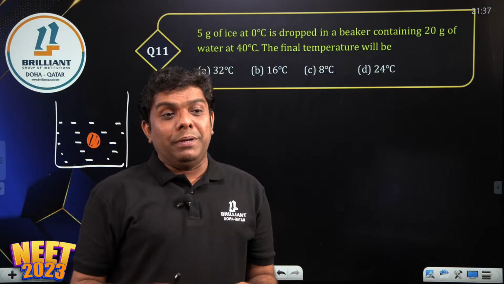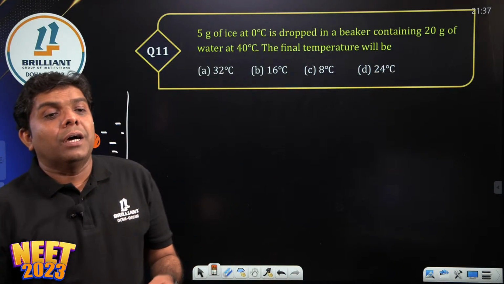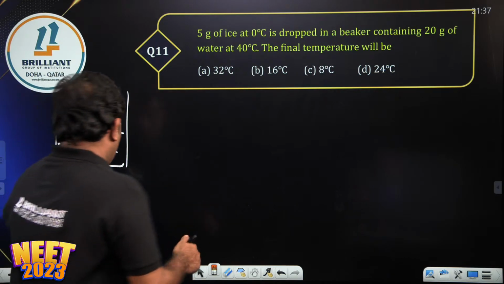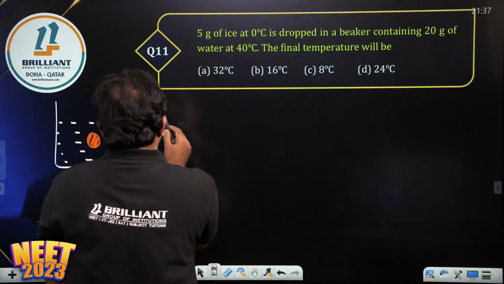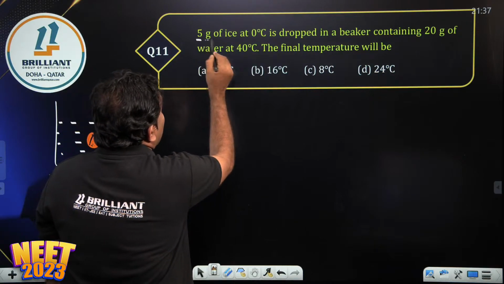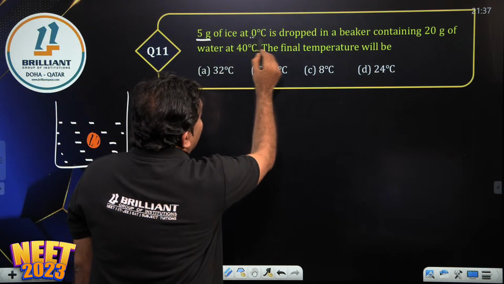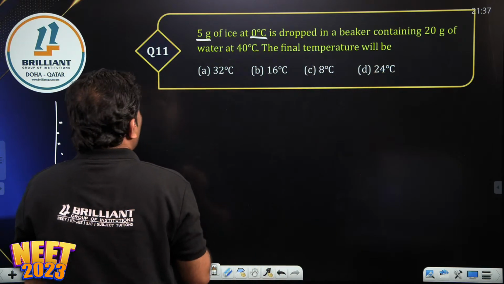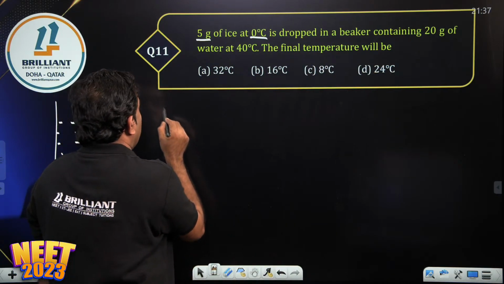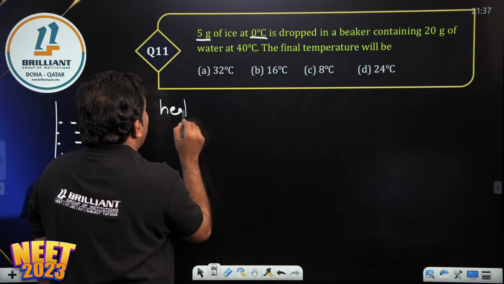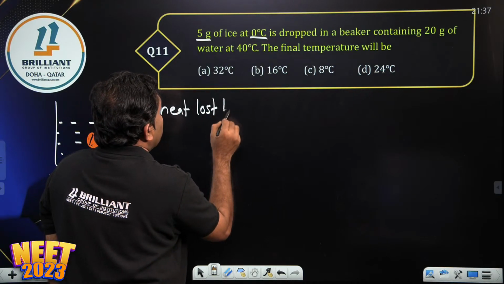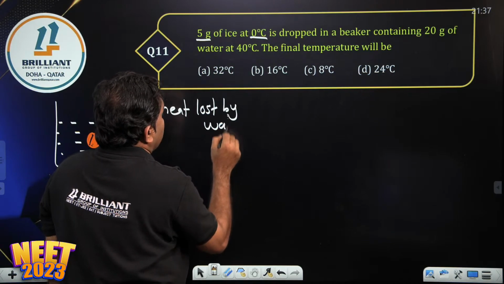So suppose I am assuming the common temperature here is T now. So we can say the picture correctly here, look. When the 5 gram of ice is mixed with water, water drops its temperature. So we can say heat lost by water.